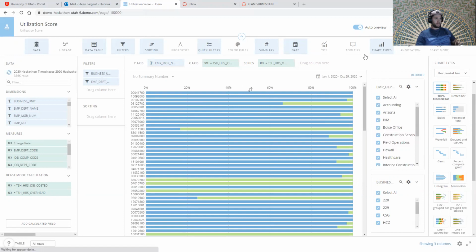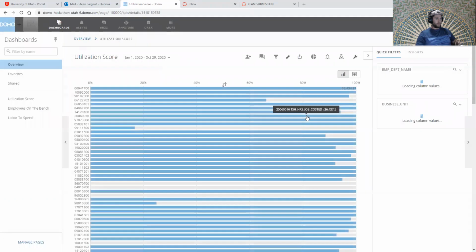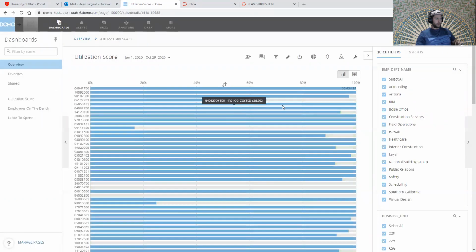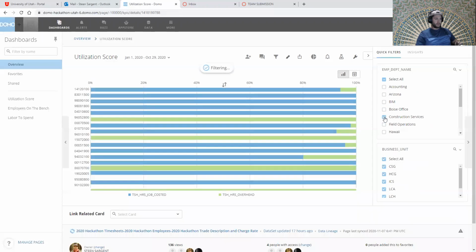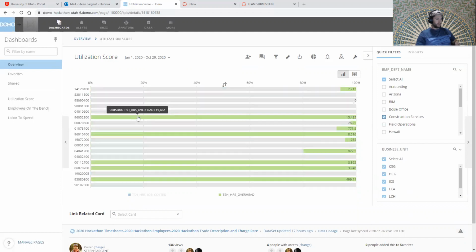If we view it in full screen mode, here are our filters. If we wanted to check on the construction services, then we can see that these managers have allocated most of their resources to job costed, whereas these ones in green need to reallocate their resources a bit better.